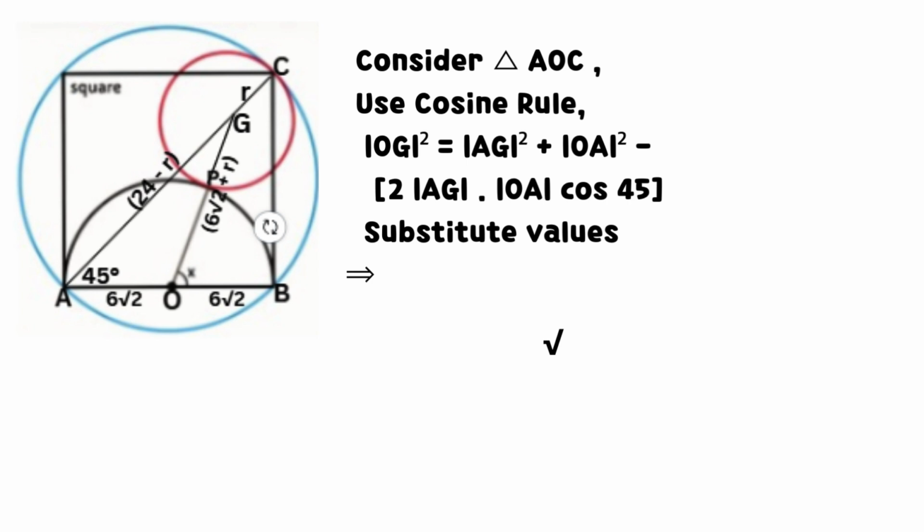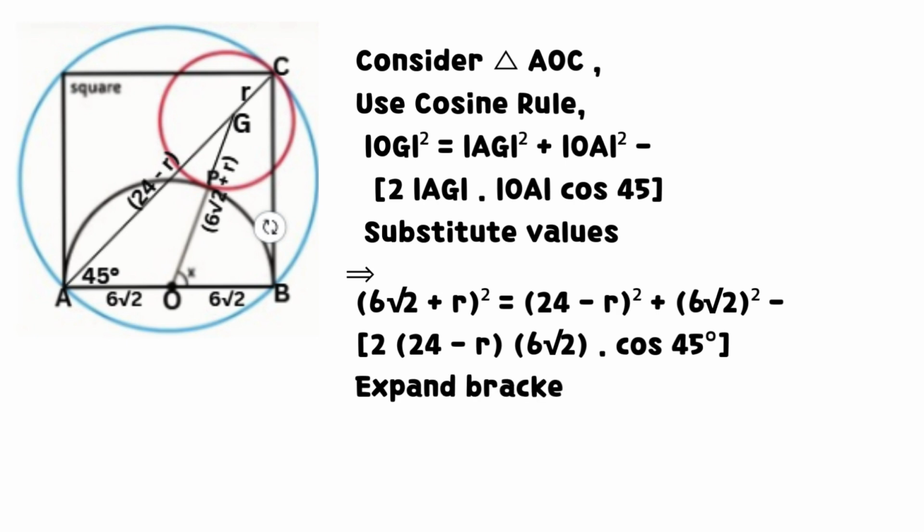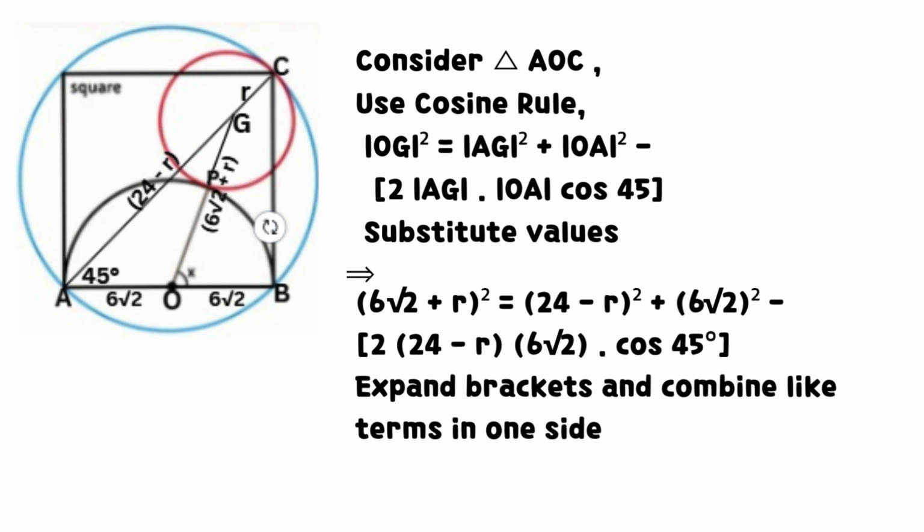Substitute values of line OG, line AG and line OA to form a quadratic equation in small r. We have that the square of the sum of 6 times the square root of 2 and small r equals the sum of the square of 24 minus small r and the square of 6 times the square root of 2, minus 2 times the product of 24 minus small r and 6 times the square root of 2 times cosine 45 degrees.